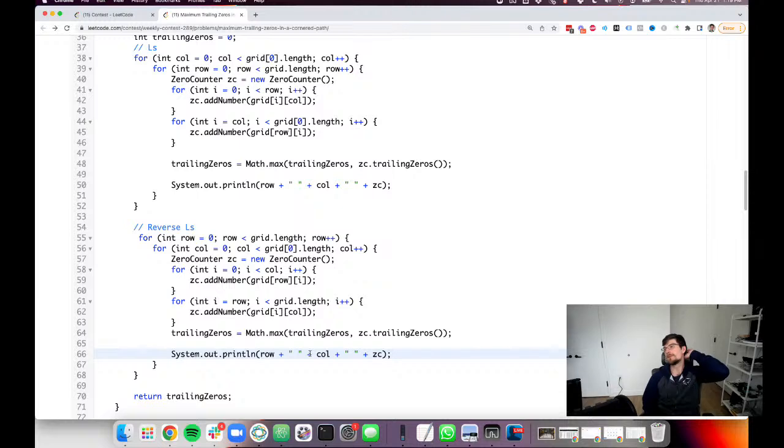Here's one other idea. For each cell, there's basically 4 directions our path can go. It can go up, down, left, or right. And so rather than do all the L's, what if we computed the 4 paths that lead into every cell? And then we looked at, of these 4 paths, what gives us the best result. We could essentially combine our 0 counters in different ways.